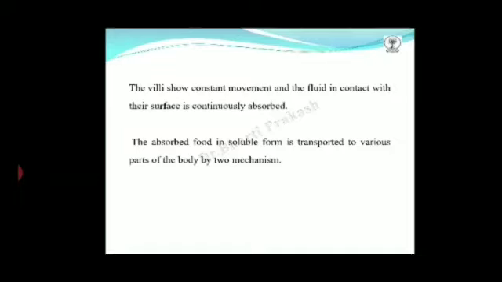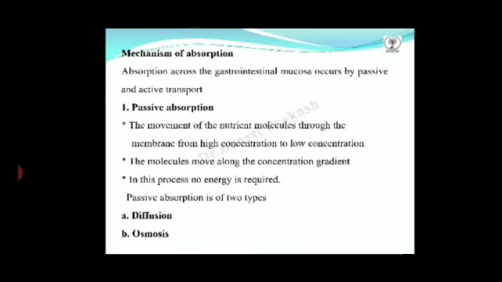The absorbed food in soluble form is transported to various parts of the body by two mechanisms. These mechanisms are passive absorption and active absorption. In passive absorption, the molecules move through the membrane from higher concentration to lower concentration.